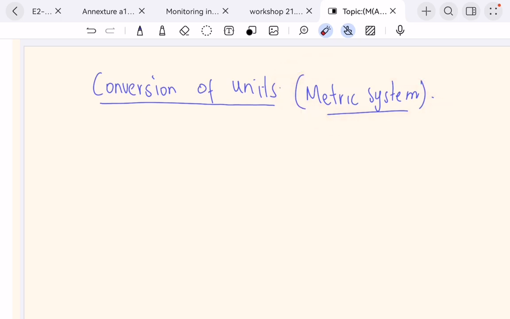Now, what is this metric system that we are talking about? All right, so we have got a number of units that we use when we are measuring.